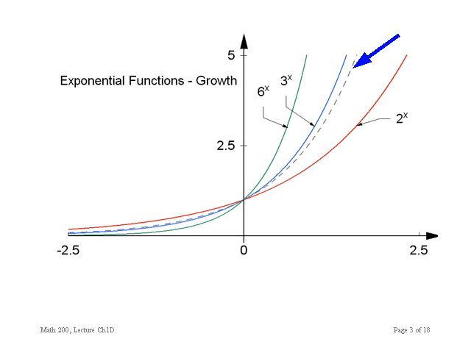So when it's in a growth equation, it's a little bit less than 3, but greater than 2. And when you're over here in the decay region, then the ordering is 2 to the x, then e to the x, and then 3 to the x. So it grows faster than 2 and decays faster than 3 to the x.